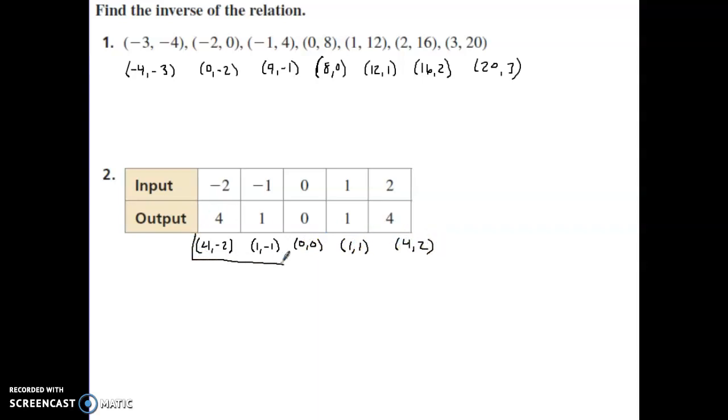So this would be my set of ordered pairs, or my new relation, and this one is not a function because I see two repeated X values that give me two different Y values. To be a function, we have every X value paired with a different Y value. But here, I have X value paired with negative 1 and my same X value paired with a positive 1. So my X values are not all unique.